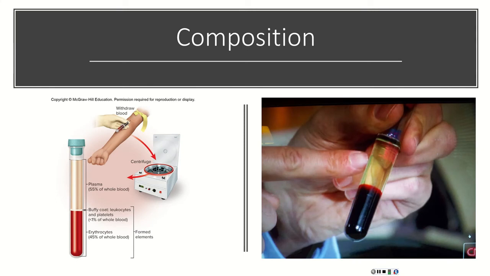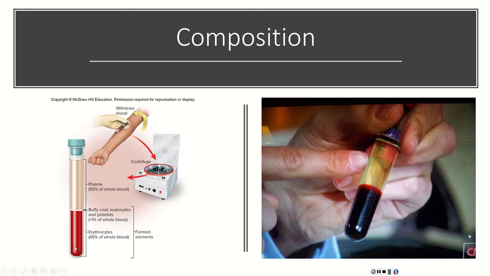So we can actually separate blood using a centrifuge to see the different components, and that's what we see right here. They will draw blood and put it in this little thing called a centrifuge, and it spins the blood really, really fast. And depending on how dense something is, it will settle further or not quite as far. The densest stuff sinks to the bottom.